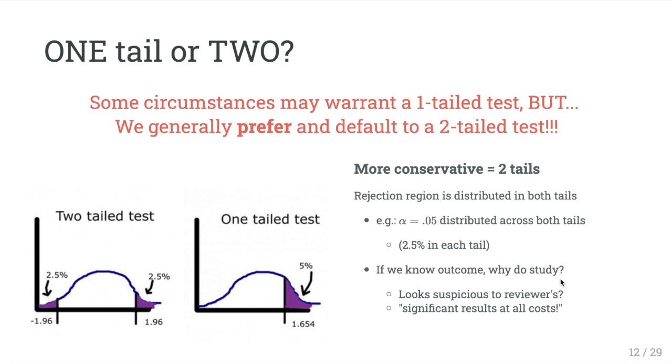The other reason is if we know the outcome, we already know it's going to be higher, then why do the study? It can look suspicious to reviewers, and it can make it look like we're just trying to find significant results no matter what. So generally, it's just best to go two-tailed and avoid any appearances of already knowing your data or appearances of I'm just trying to find something significant.